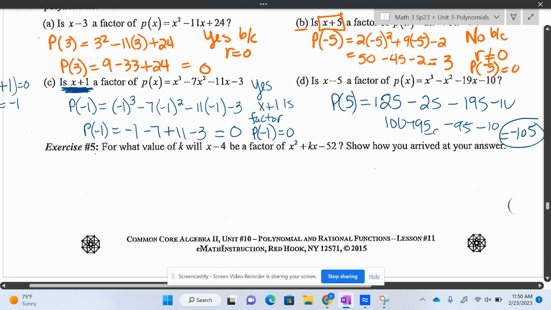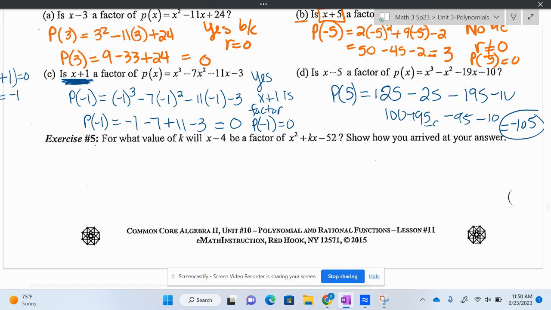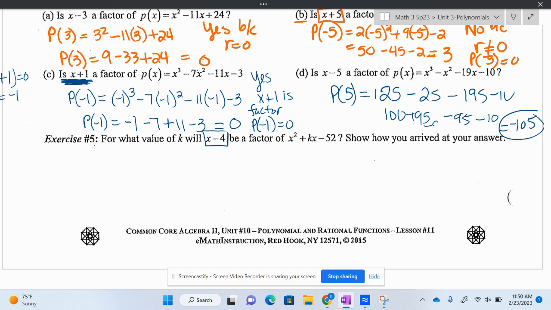So question 5 is really interesting because it asks you, what does the value of k need to be in order for x minus 4 to be a factor? So what would we be evaluating this at? We would be evaluating it at a positive 4, right? And if it's a factor, what do we know? It has to equal 0. So let's just plug that 4 in there. So I have 4 squared plus k times 4 minus 52.